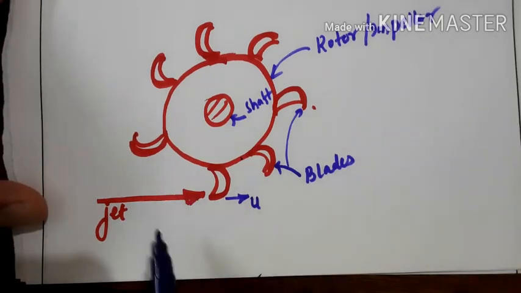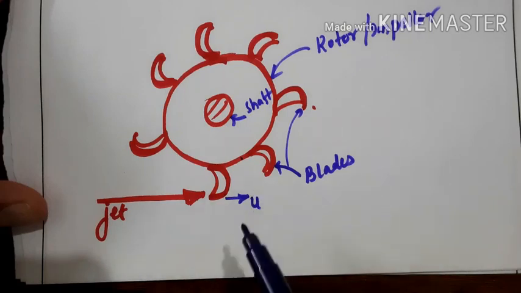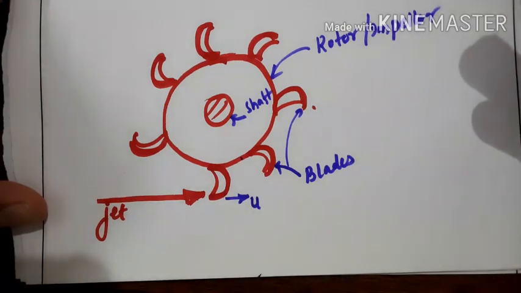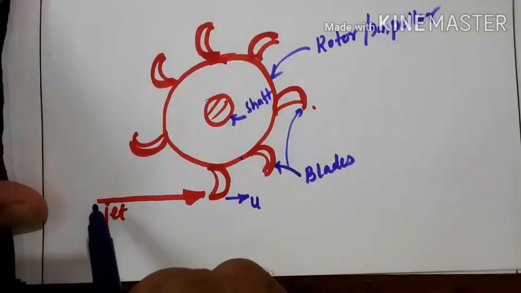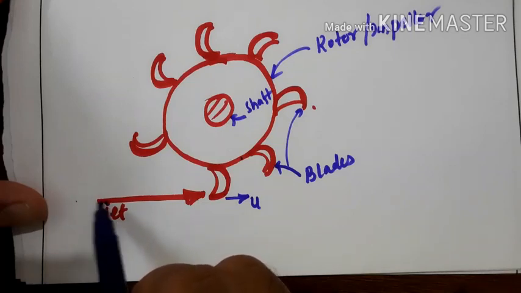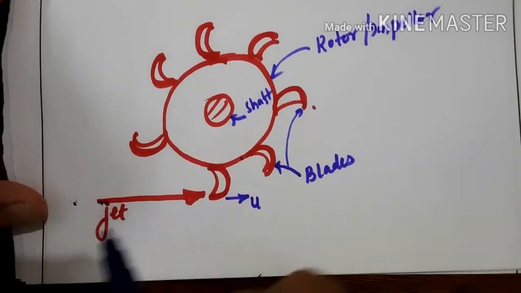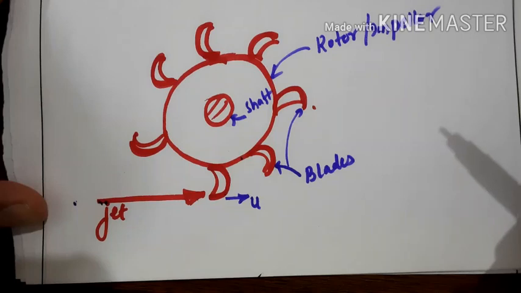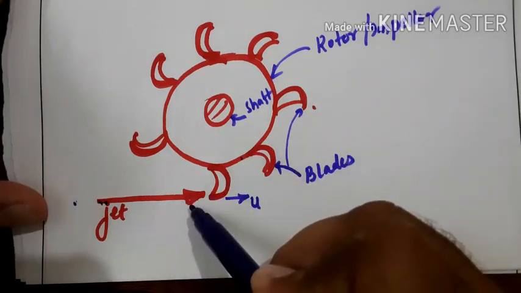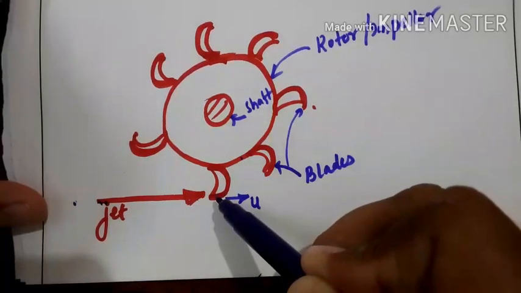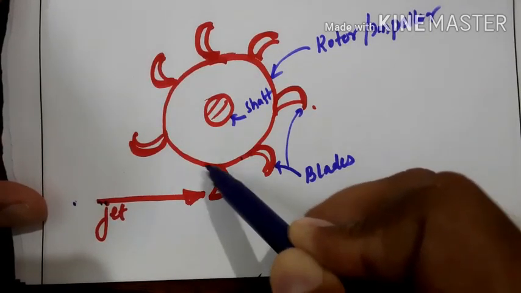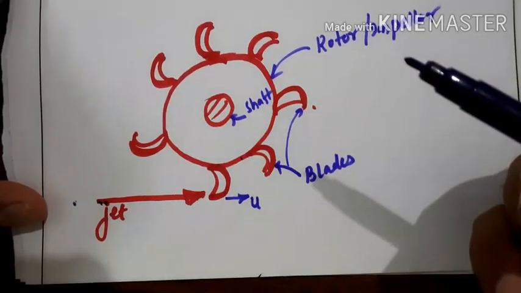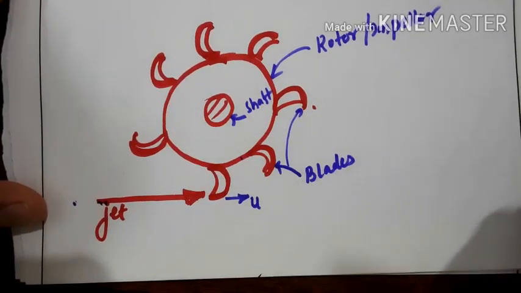For the analysis of forces, or how the velocity changes at every stage: before coming out of the nozzle what was the velocity, once it comes out of the nozzle what could be the velocity, the moment it hits the vane or blade what is the velocity in the blade passage, and when it is coming out of the vane what could be the velocity, and how can it be represented?